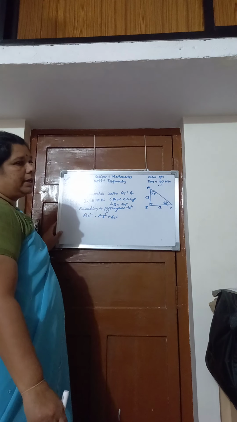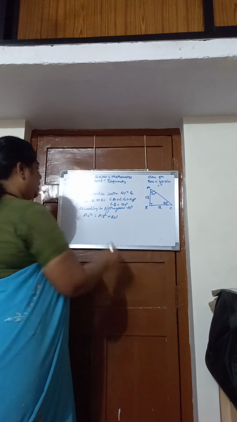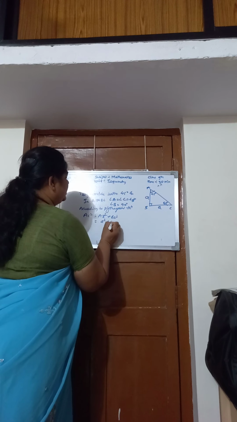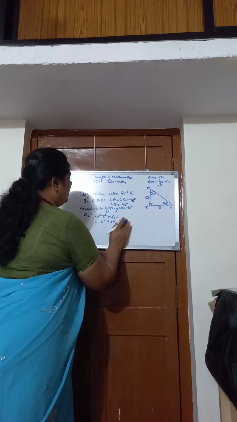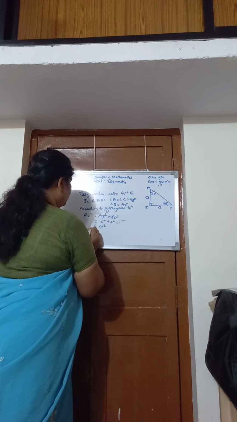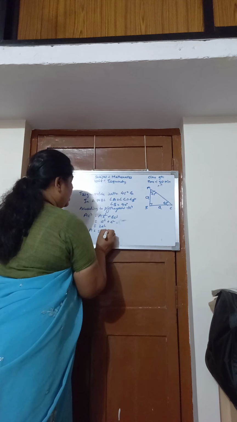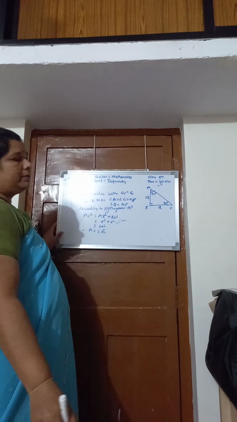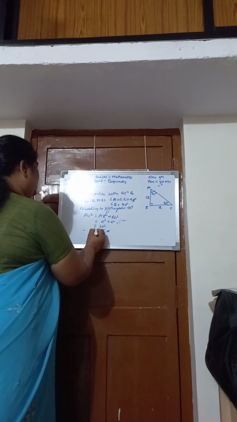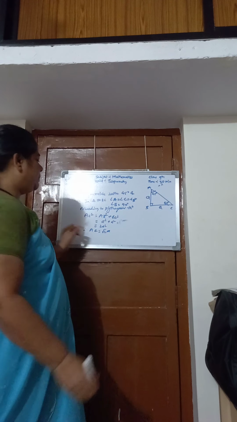You have already studied it. Therefore, AC square equals A square plus A square, equal to 2A square. Therefore, AC equals root 2 A square, which is root 2 into A. This is the main formula.